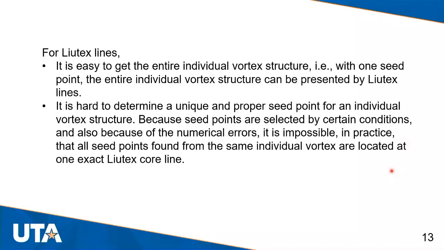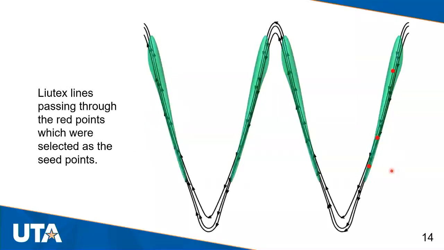It's hard to find a good one, because even though the seed points you pick are all at the vortex center, the lines will not overlap. You can see from the example. I choose these 3 red points as the seed points, but you can see the vortex lines can be 3 different lines.